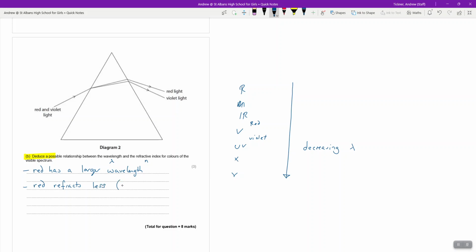That means that it has a smaller refractive index. As it enters, the bend isn't so much, so it's got a smaller refractive index. So our possible relationship is: larger wavelength means smaller refractive index.